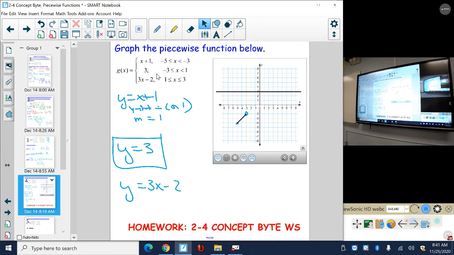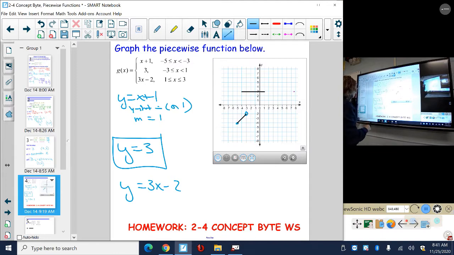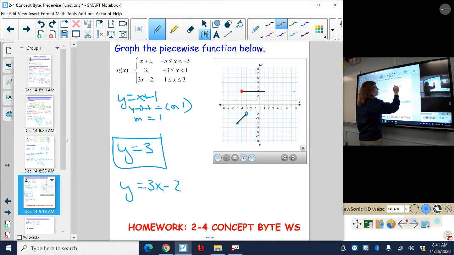I'm actually just going to delete that one and see if I can get it a little bit better. I'm just going to draw it from -3 to +1. So there's my line. And again, I'm going to have a closed dot here. I'm going to have a closed dot here, but I'm going to have an open dot here.